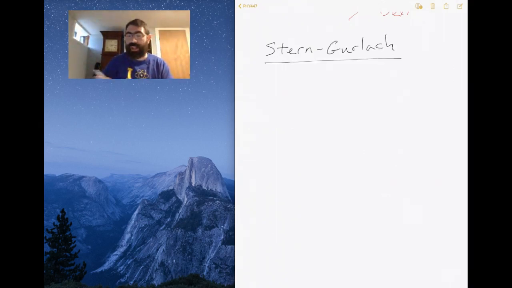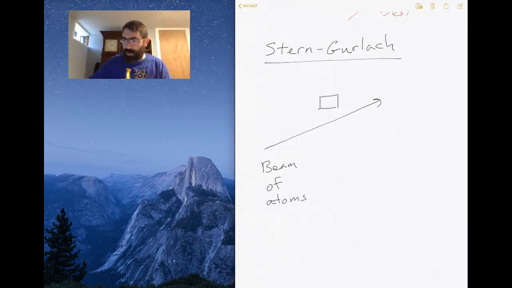What Stern and Gerlach, those two people, Dr. Stern and Dr. Gerlach, did was to basically have a beam of particles traveling, a beam of atoms, and then they took this beam of atoms and put it inside an asymmetric magnetic field.